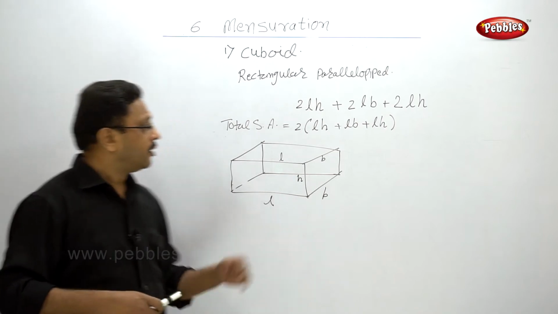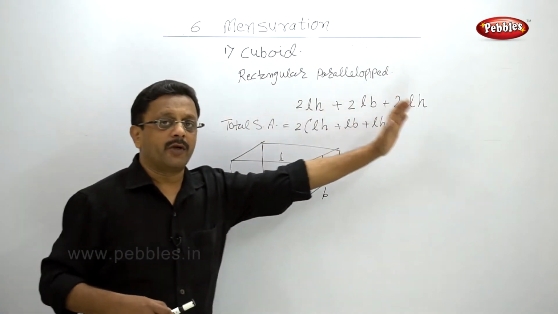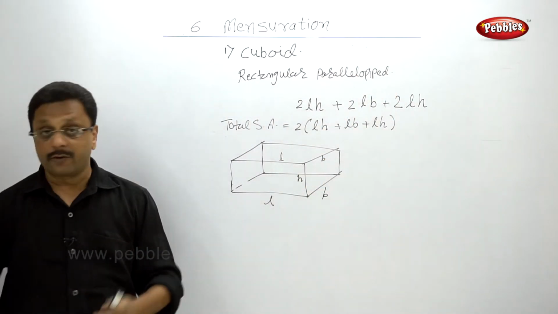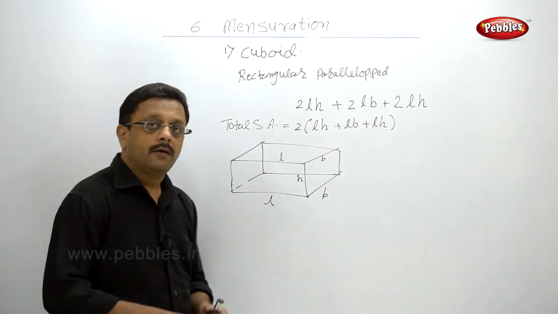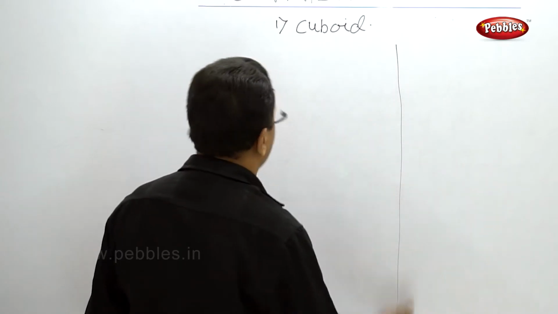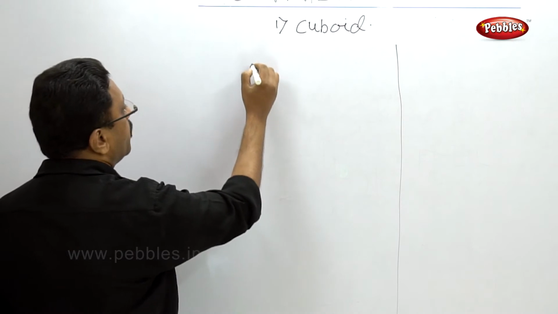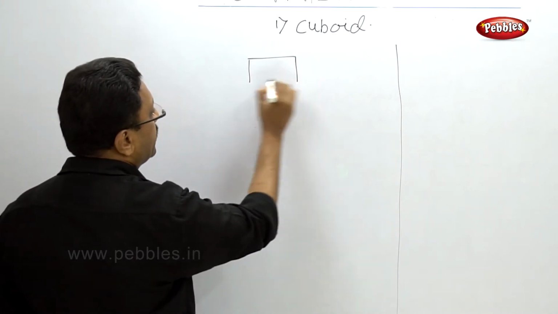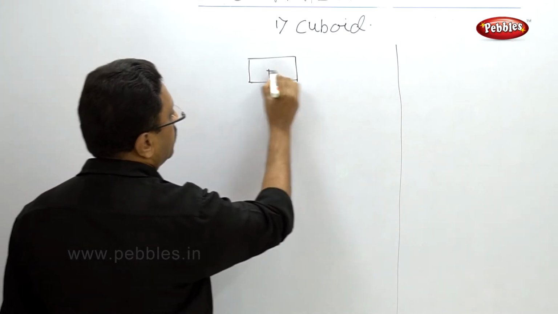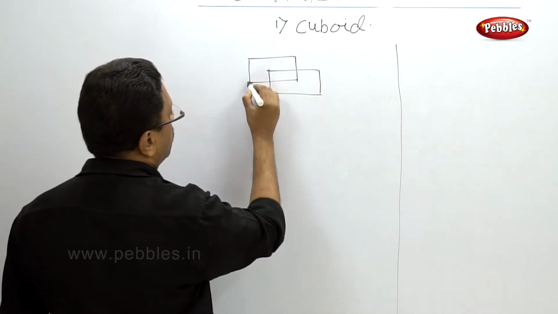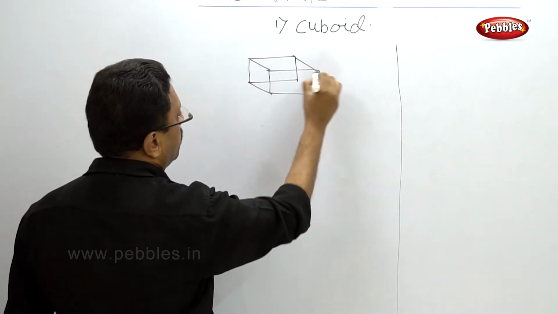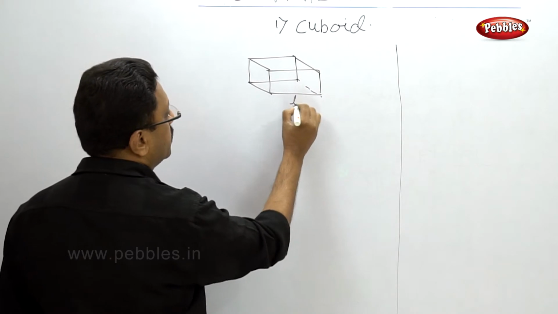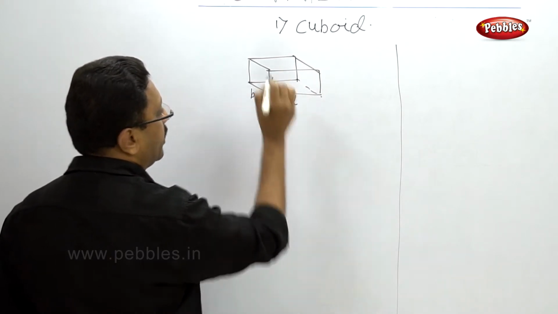Let us write down the cuboid and cube formulas in the proper fashion so that you can take it down and learn them by heart thoroughly. If this is a cuboid, that means rectangular faces are there. This is length, breadth and height.